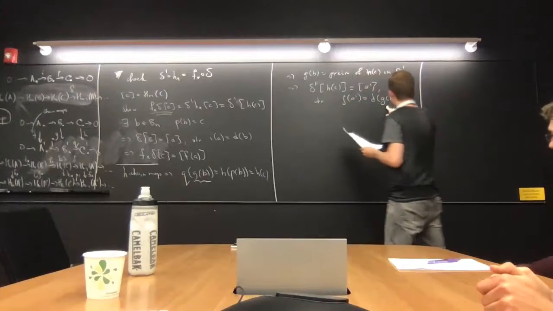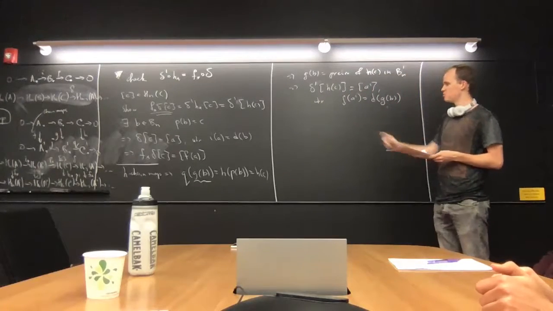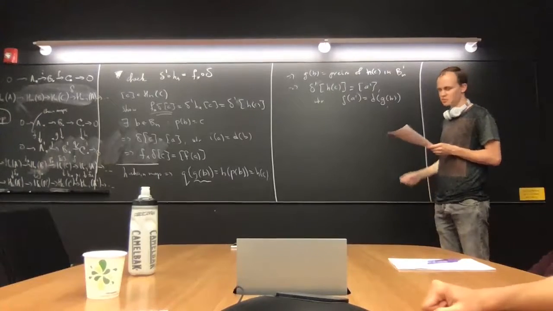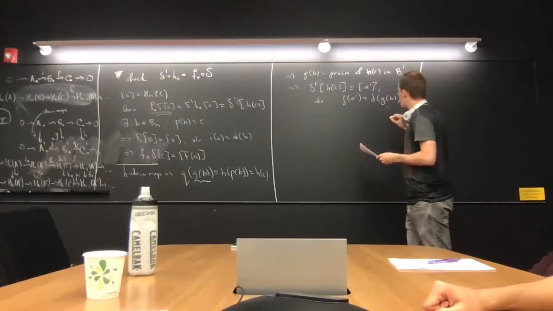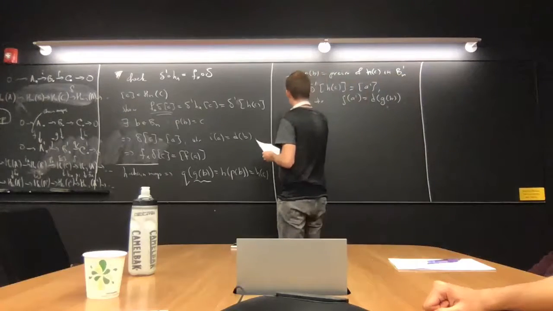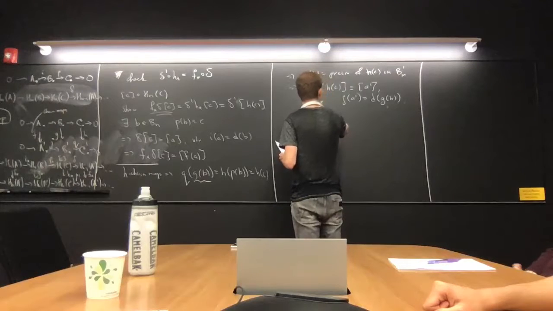Okay. D of G of B. Does this make sense? This should be pretty much the same as earlier. Okay, so we computed this.